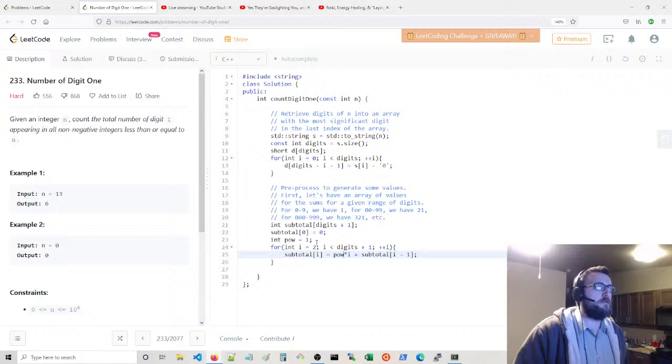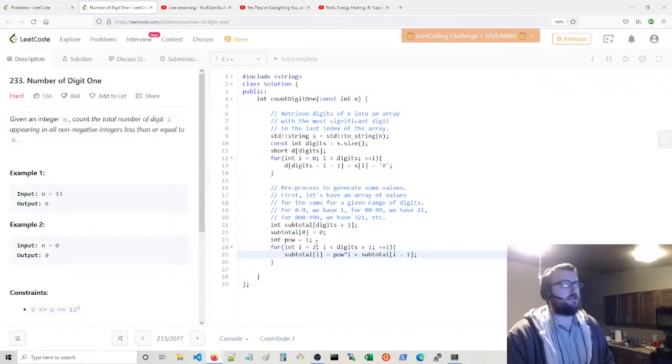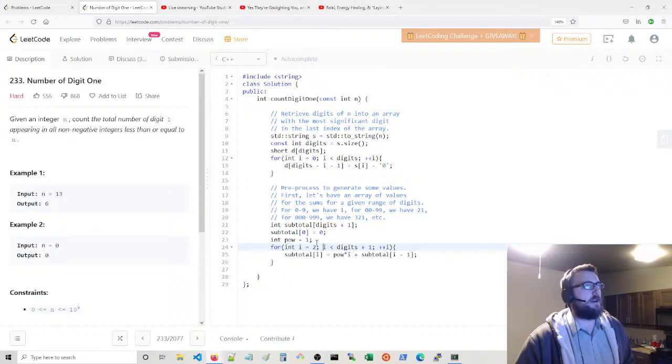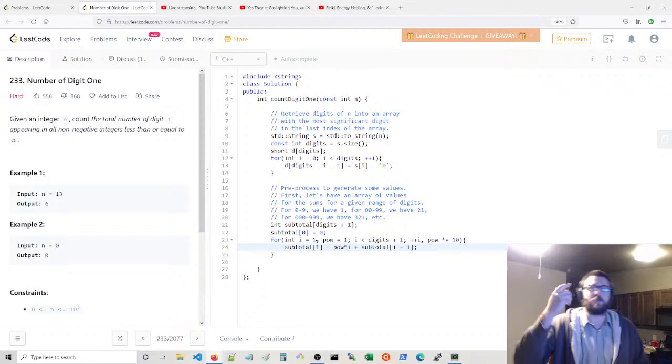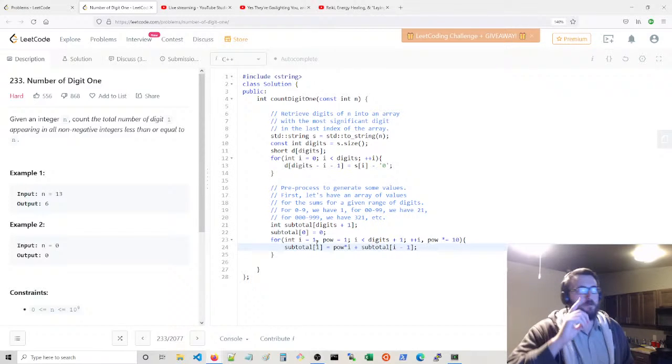pow times I, and then pow actually updates to pow times equals 10 each time. It's a little confusing how this works, but there's a power of 10 times I, so when I is 1, you do 1 plus subtotal of I minus 1, which is 0. 1 plus 0 is 1.